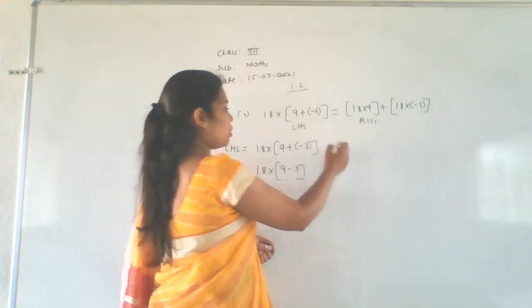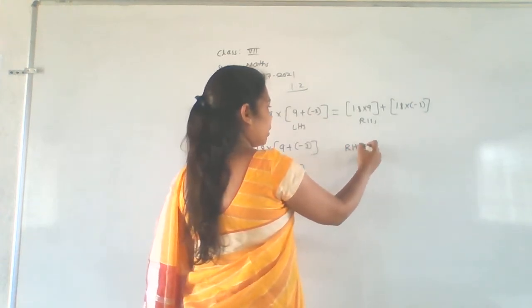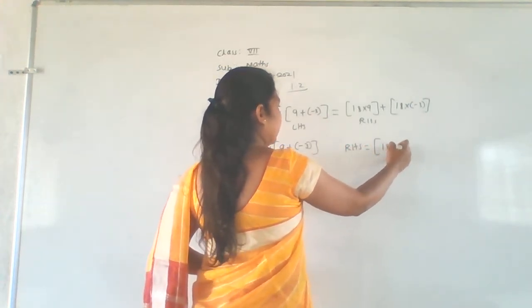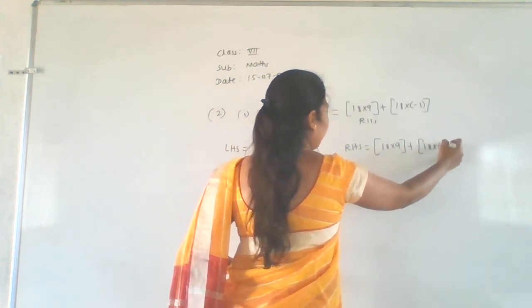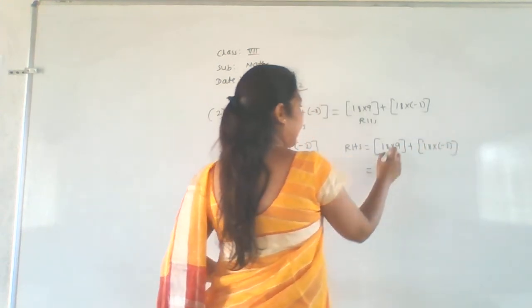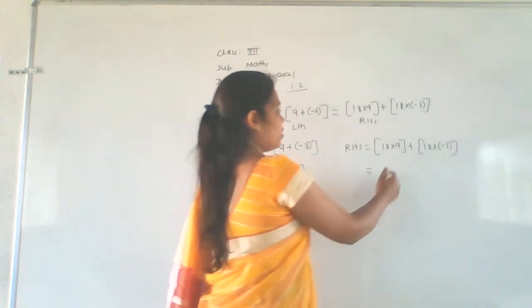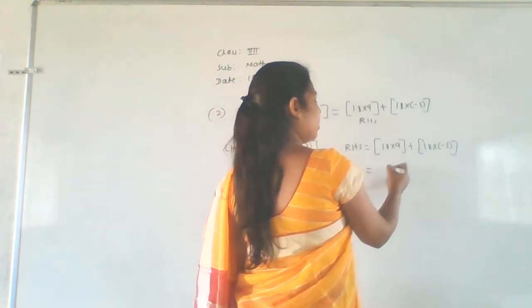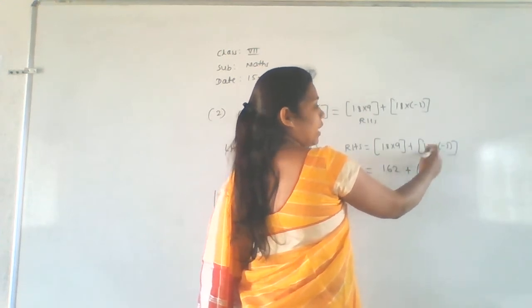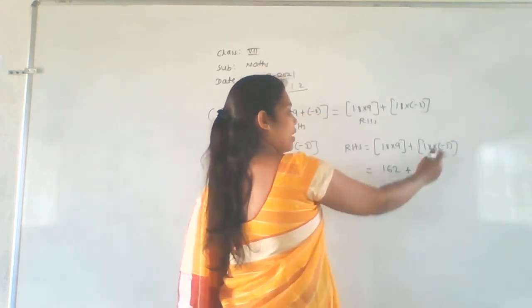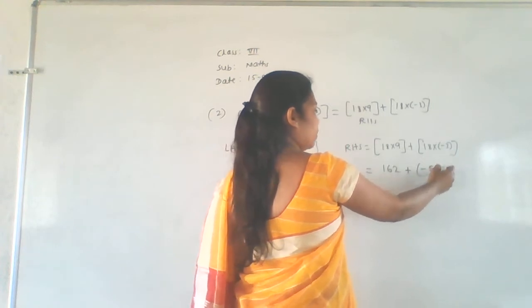Now we check for the RHS. Consider here RHS. That will be 18 into 9 plus of 18 into minus of 3. Right? So 18 nines is how much? 7 carry 9, 9, 162. Plus here, 18 threes, plus into minus is minus, 18 threes are 54, right?